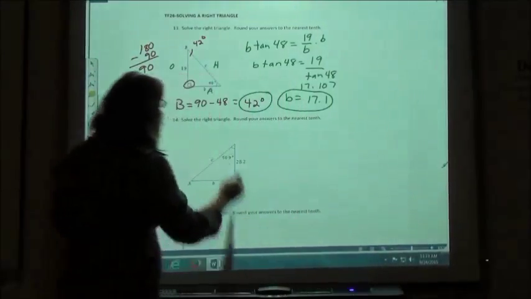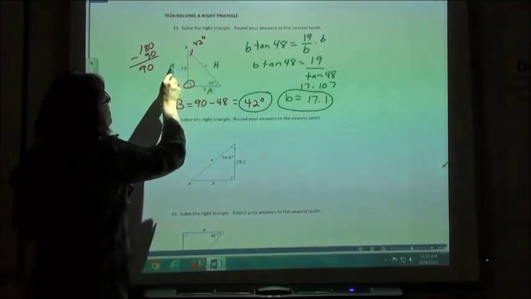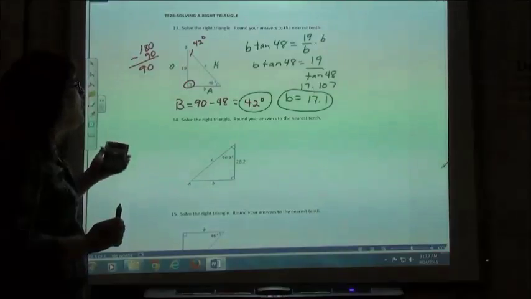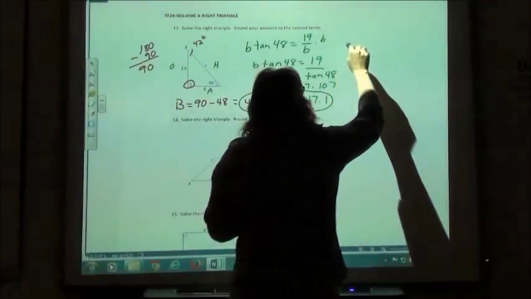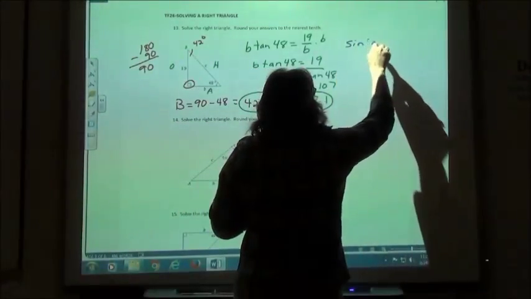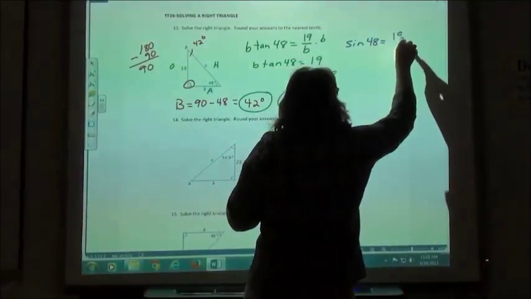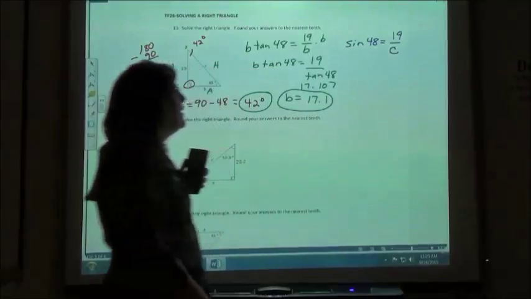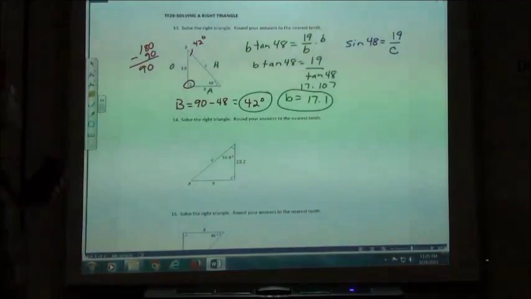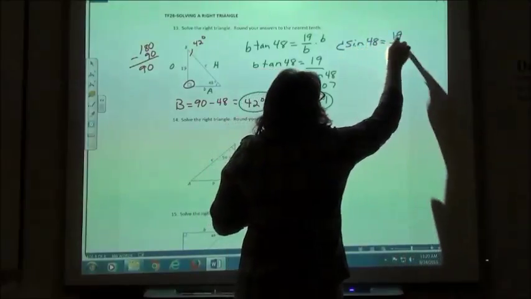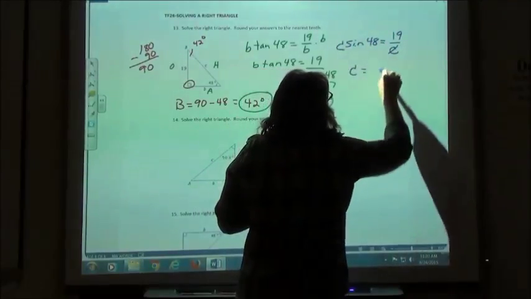So on side C, we have the opposite side labeled and the hypotenuse. So opposite over hypotenuse would be the sine. So the sine of 48 degrees is going to equal the opposite 19 over the hypotenuse C. So again, on this one, I end up having to multiply by the C and then divide by the sine of 48.